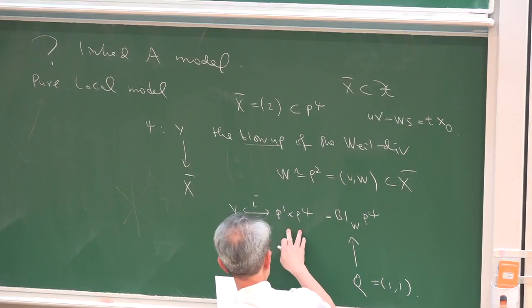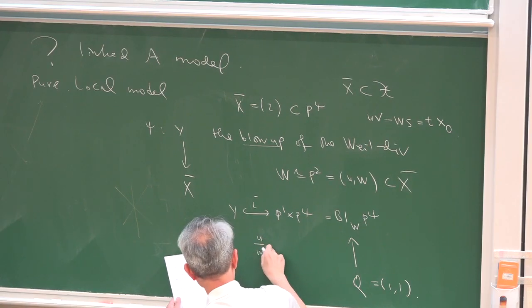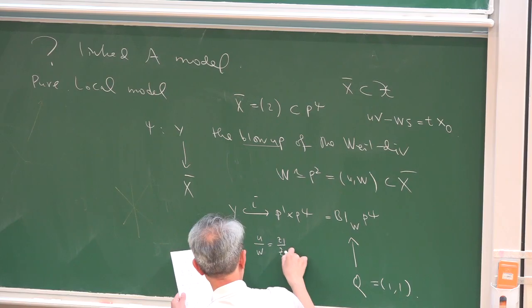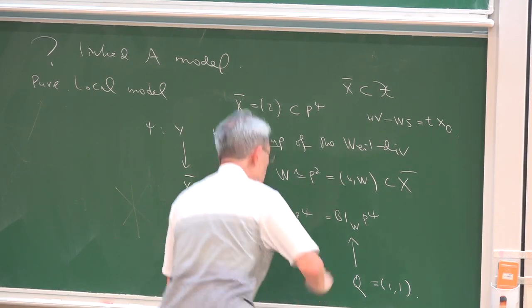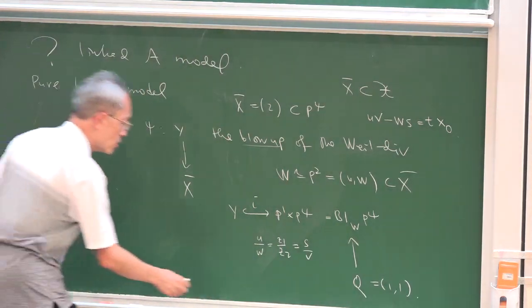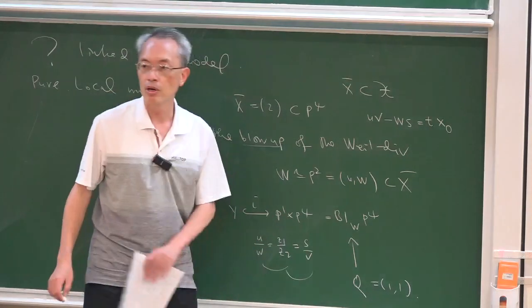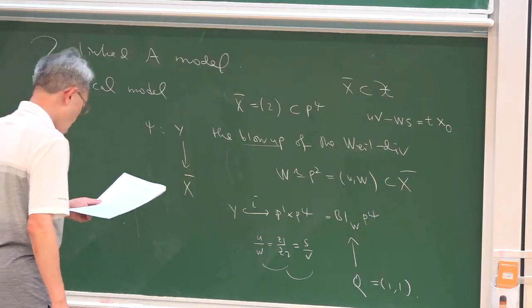And the blowup Y is defined by the UW ratio being Z1, Z2, and which is also the S ratio being V as defined. So you get two equations. And both equations are type 1-1.